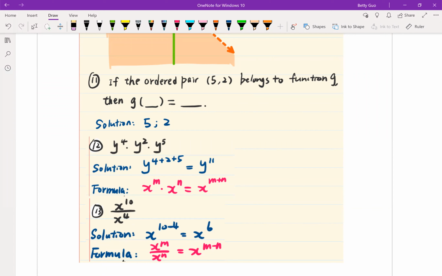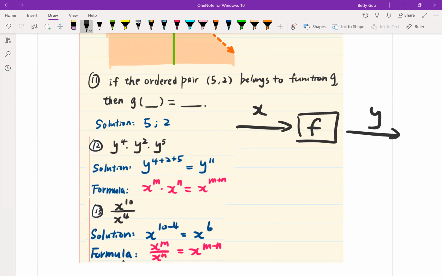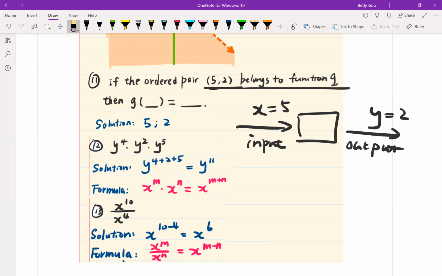So how do we understand that? Remember, a function is a machine. You give the machine an input, and the machine will produce a unique output for you. So the fact that (5, 2) belongs to the function means the x value is 5 and the y value is 2, right? That means if you give the function g the input x equals 5, the function g will produce y equals 2.